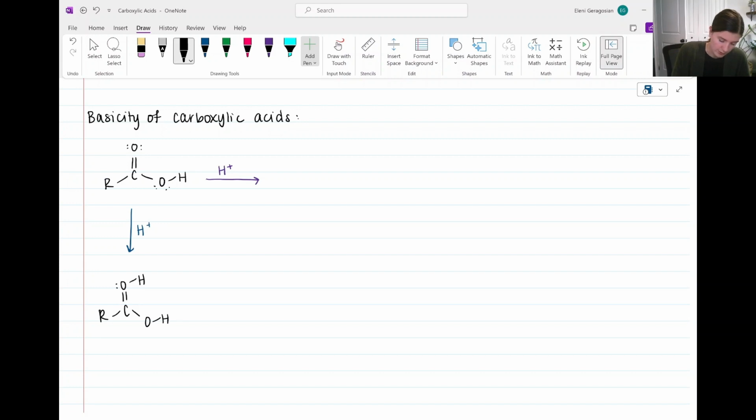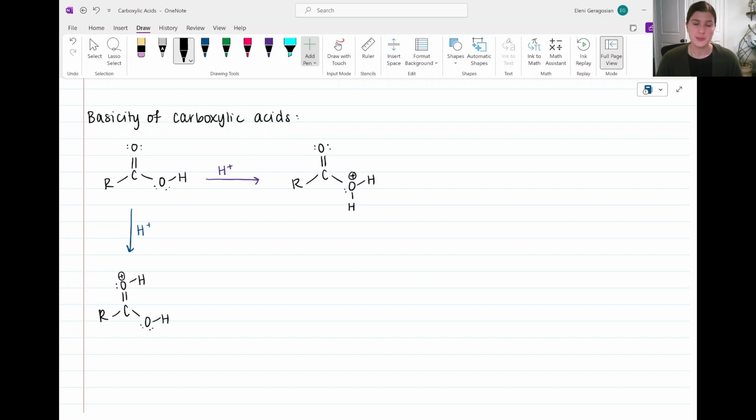So first, if we protonate the carbonyl, we have a new hydrogen bonded to the carbonyl oxygen. That oxygen is positively charged. If we protonate the OH group oxygen, we have a positive charge on that oxygen and an additional hydrogen there as well.